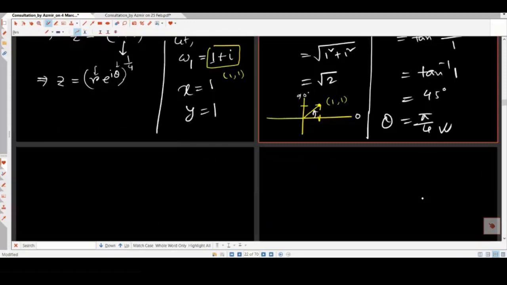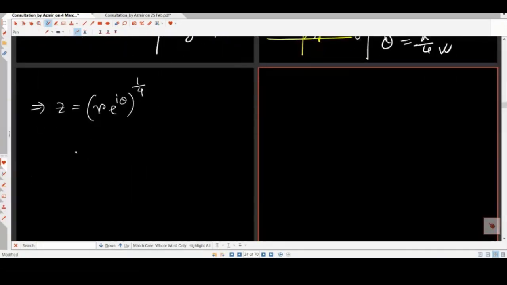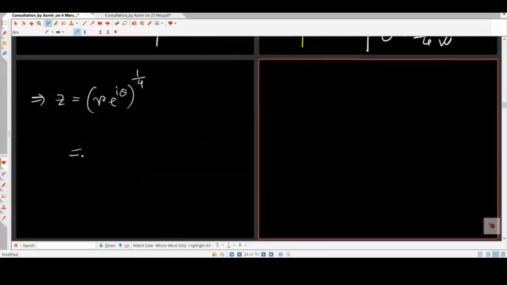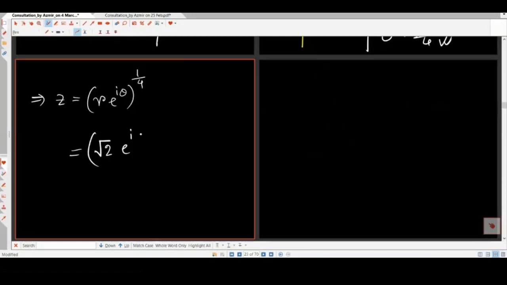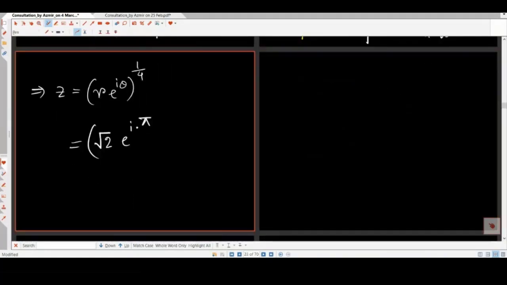So now from this part we can write z equals r e to the power i theta, with power 1 over 4. The value of r is root over 2, and e to the power i theta, where theta is pi over 4, with power 1 over 4. So this is z.